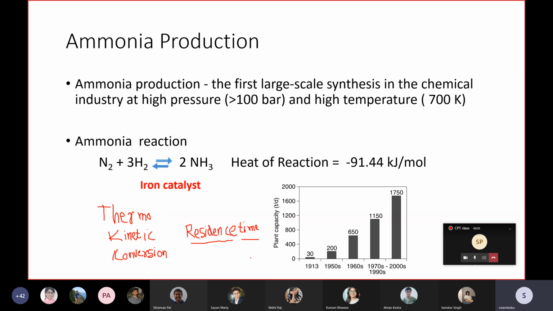So for fast reactions, we need low residence times. For slow reactions, we need high residence time. Residence time means the time the reactant spends in the reactor. Let's say this is a plug flow reactor.